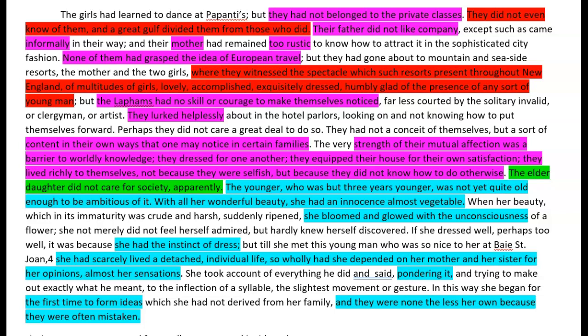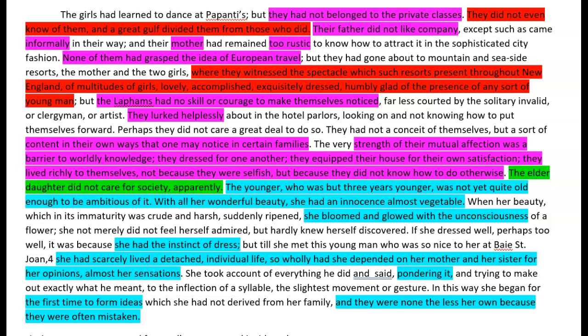She had depended on her mother and her sister for every opinion. And now that she's met this guy she's kind of interested in, she's for the first time beginning to form ideas, and her own ideas, which were often mistaken ideas.